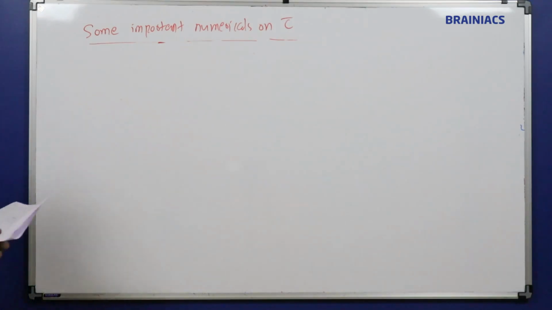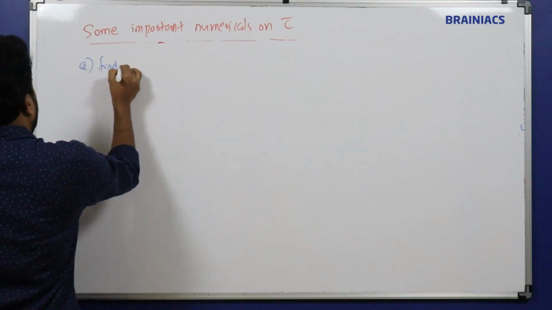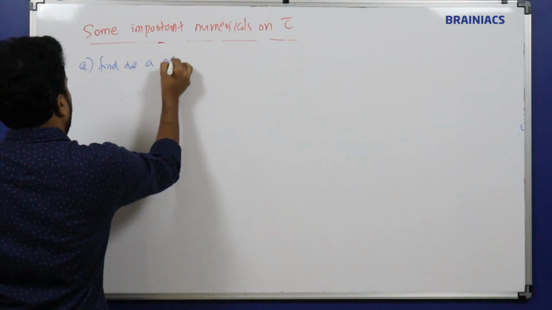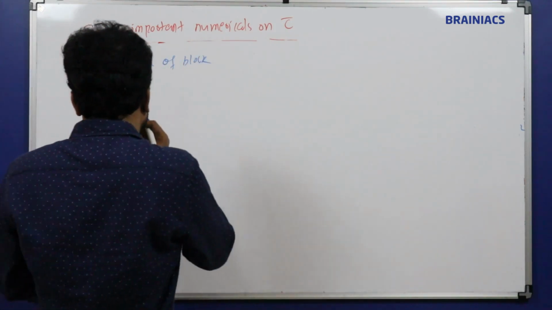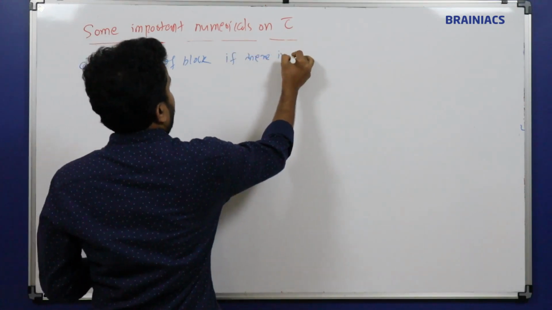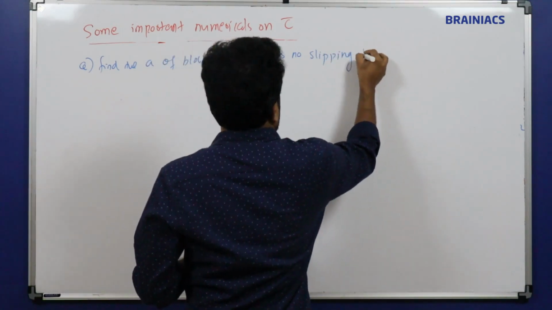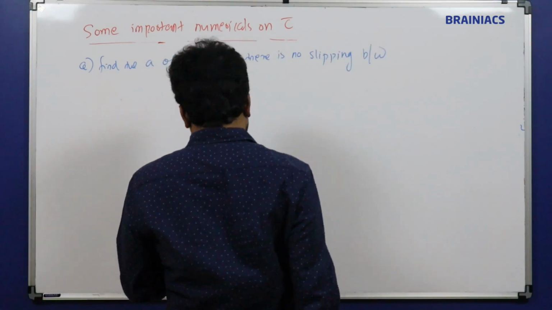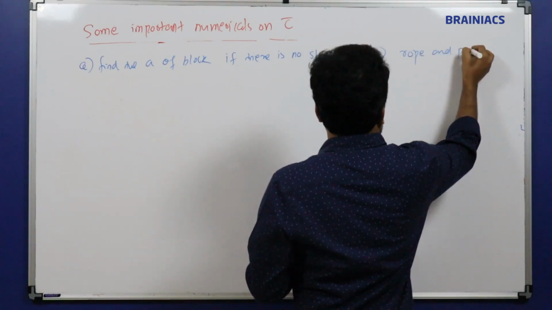Next question is, find the acceleration of the block. Find the A of the block. The acceleration of the block has to be found out, if there is no slipping between rope and pulley.